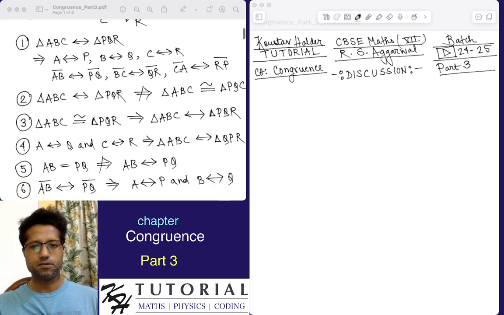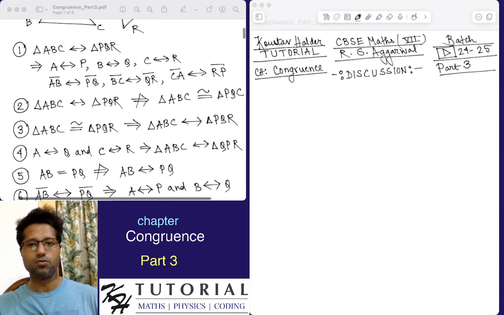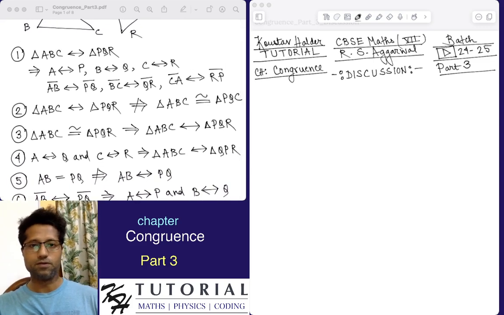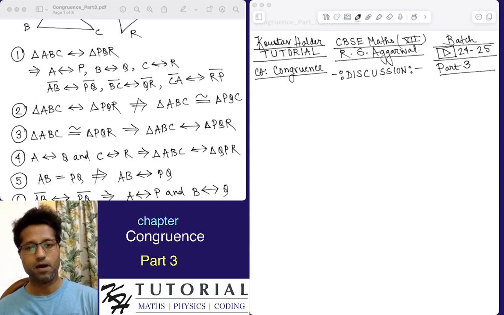But I did my best, so I will try to follow the notes and also try to explain based on my understanding. This chapter, congruence, is as far as my understanding and experience a bit complex, and it will be really hard for me to explain the concepts, even though I have understood them myself, because it is a bit confusing.